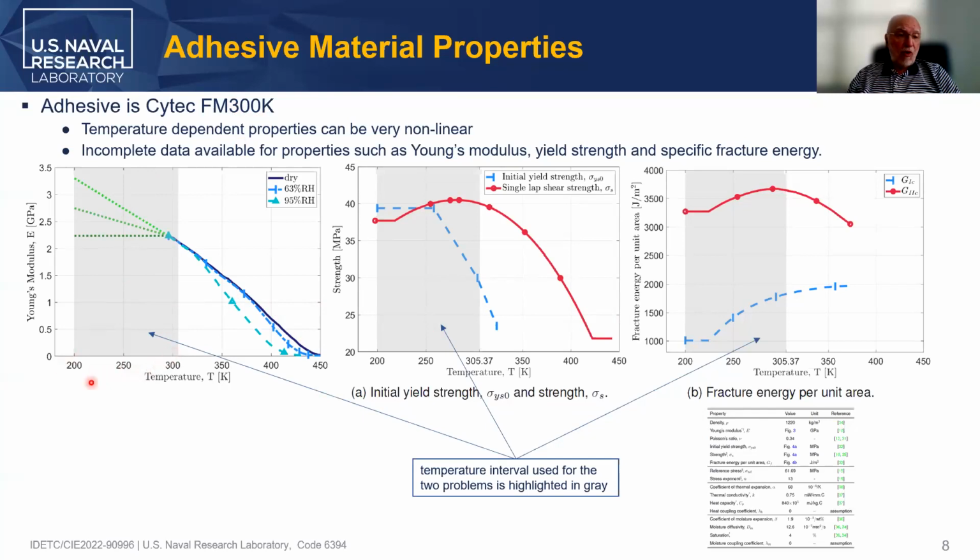So we're looking for cold behavior of this adhesive as opposed to hot. And while we have experimental data for high temperature cases, the data for colder areas of operation are not really well known.